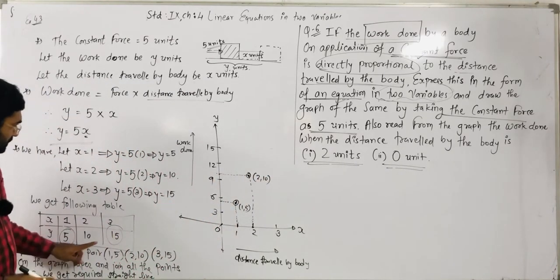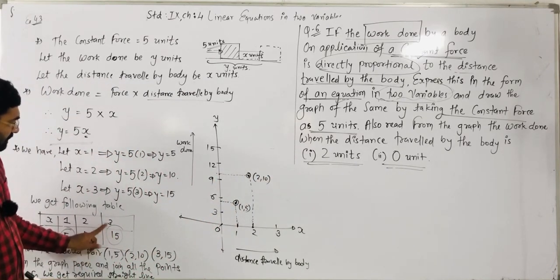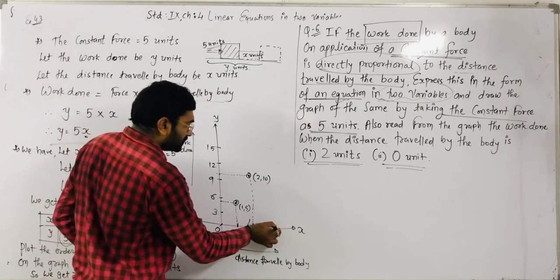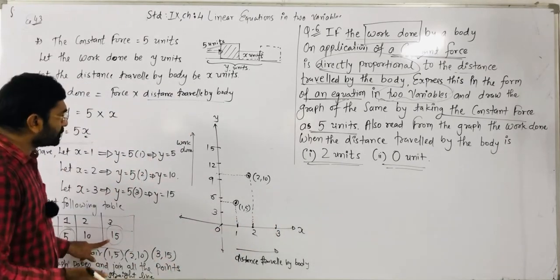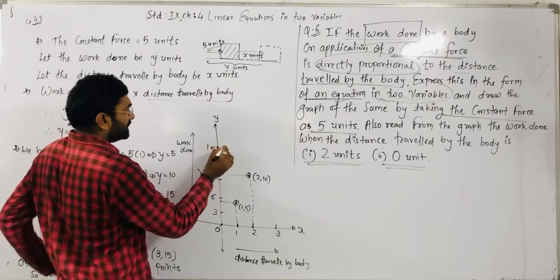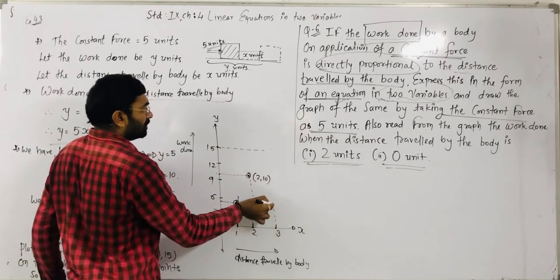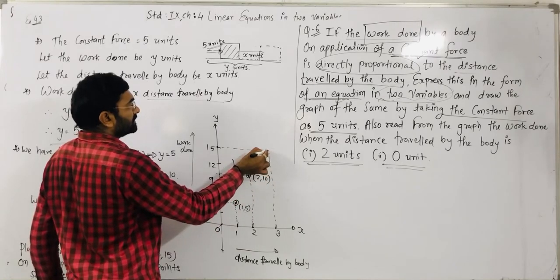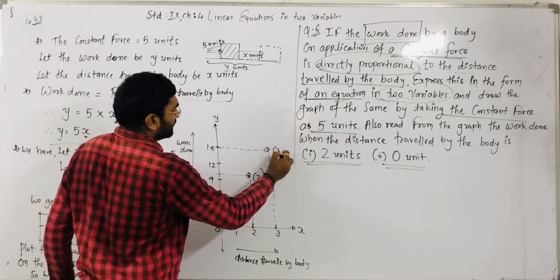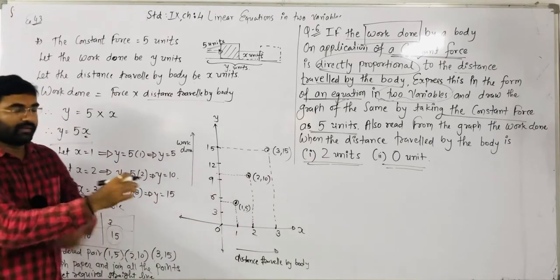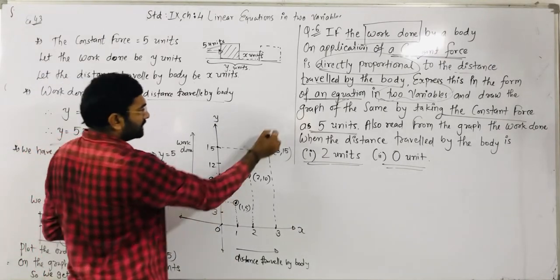Right? Third point is what? (3, 15). The x coordinate value is 3. So 3 is here. The y coordinate value is 15. So on the y-axis 15 is here. So from both points we have to draw the perpendicular lines, and whatever common point we get, that is our point (3, 15). Okay. So now we have to join all these 3 points.